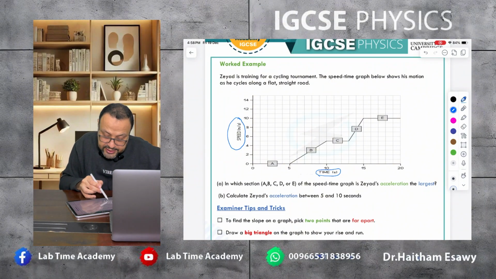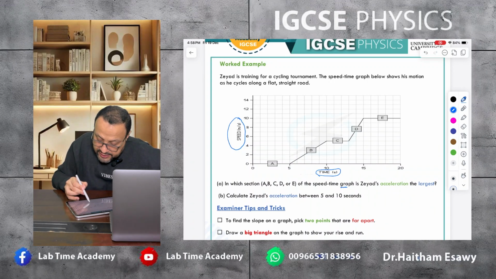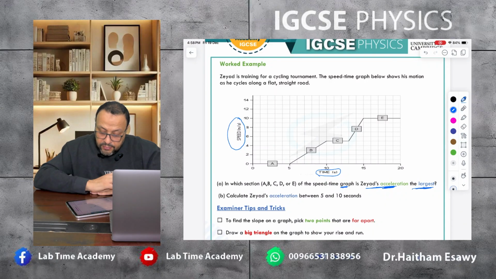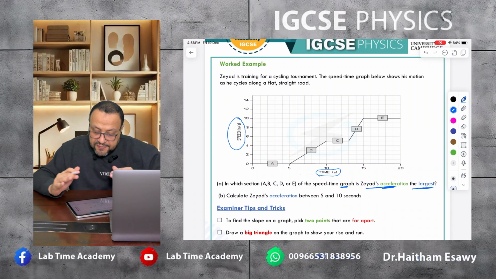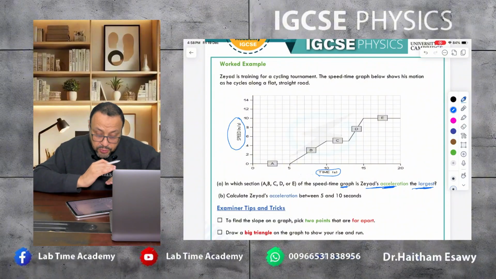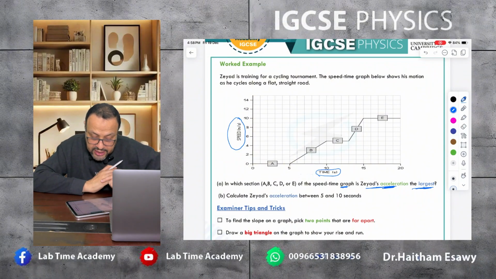A. In which section A, B, C, D, or E of the speed time graph is Ziad's acceleration the largest? We want to compare the acceleration of these 5 stages. Which one has the higher acceleration?